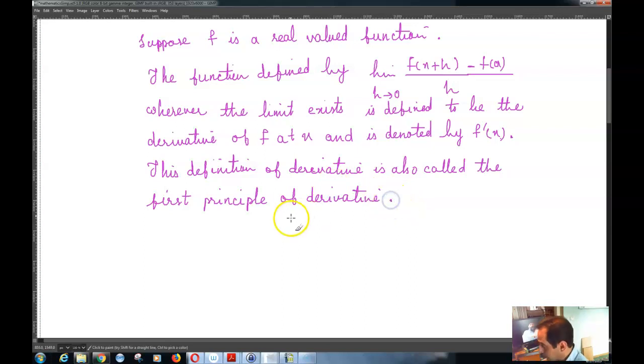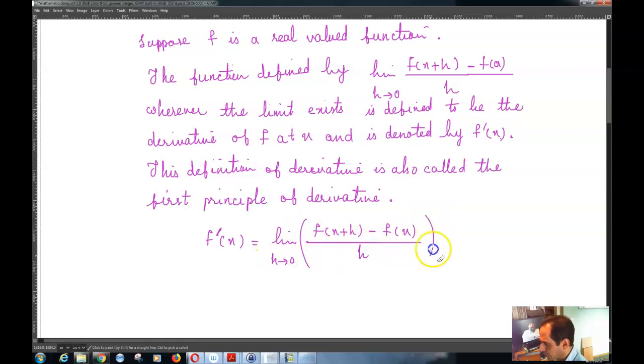So you can say that f prime of x is equal to the limit of f of x plus h minus f of x over h as h tends to 0. So that is the definition.